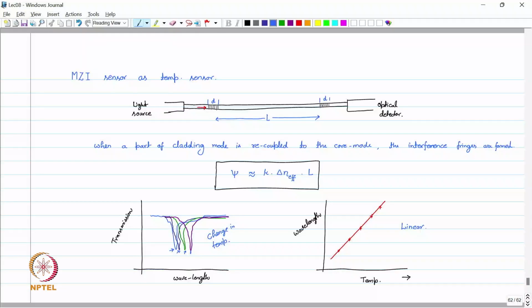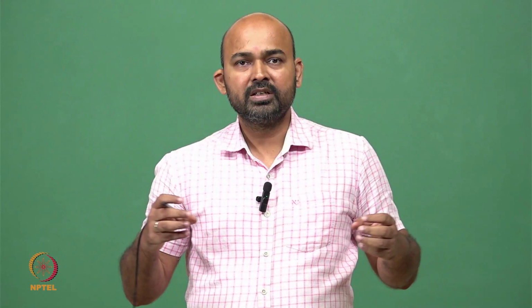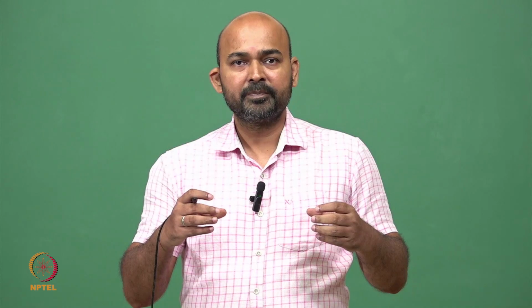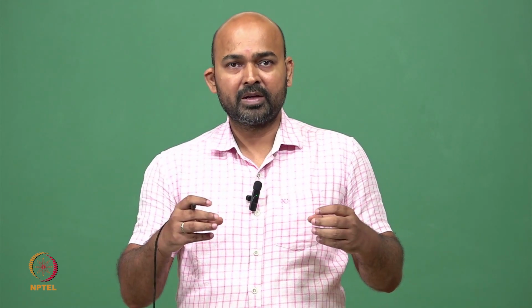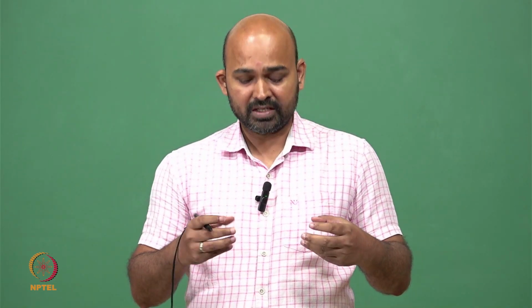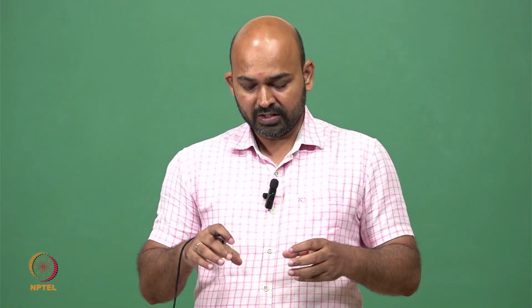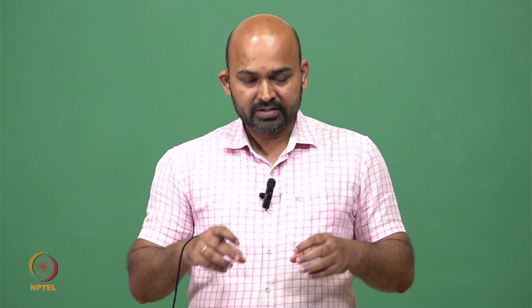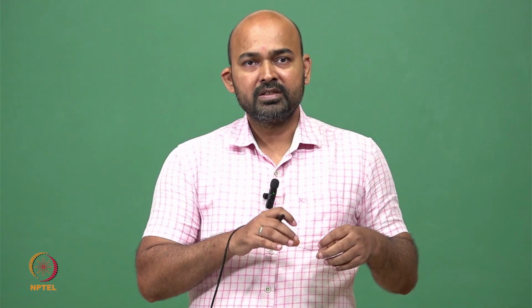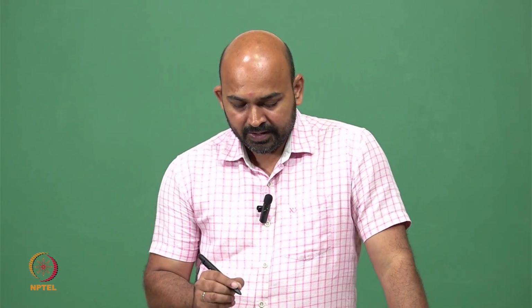Here this length actually is changing with temperature. There is an elongation, or the expansion, in this optical fiber length because of the temperature expansion, and this change in the length is giving rise to the difference in the wavelength. So this is the MZI sensor.